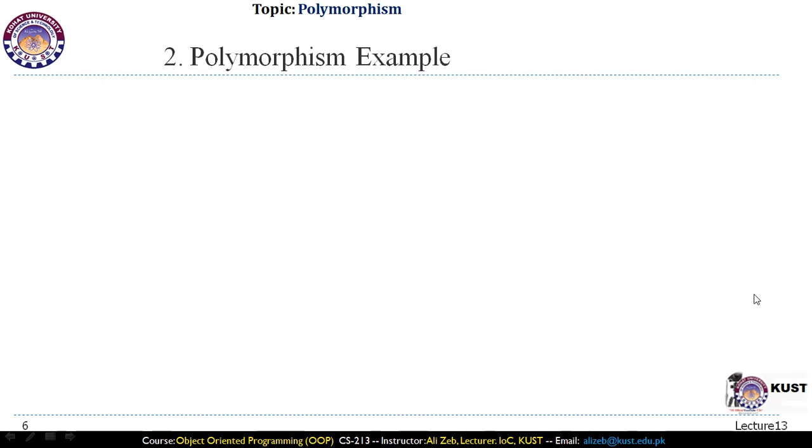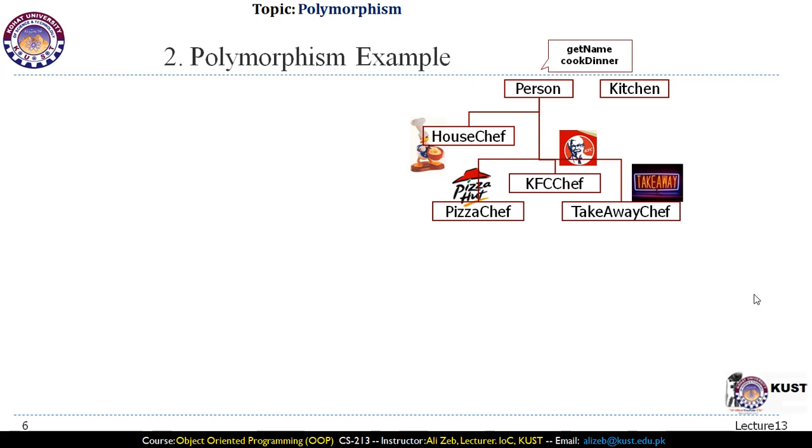Let's look at another example to explain the concept of polymorphism in a little more detail. For example, we have a Person class, and that Person class has a bunch of subclasses, like in this example a house chef, a KFC chef, a pizza chef, a takeaway chef, and the person is working in a kitchen.